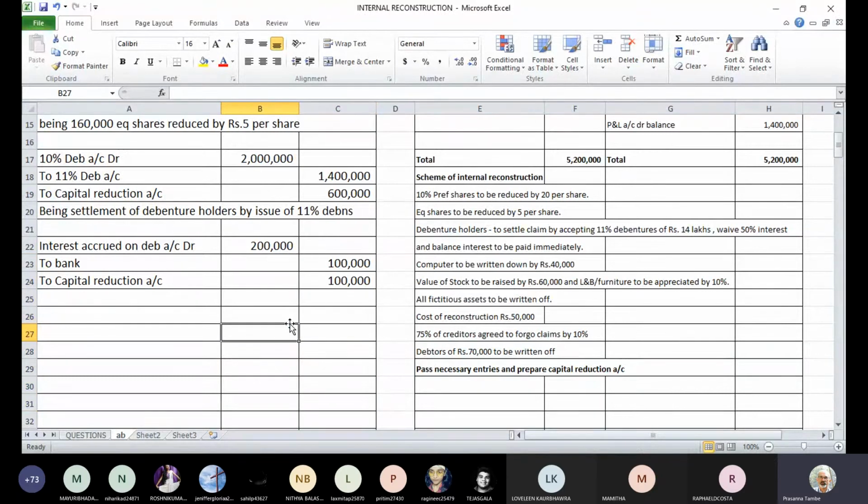Interest accrued on debentures, which was a liability. That account is debited for 2 lakh rupees, to bank account 1 lakh, because we have to make immediate payment of 1 lakh rupees, to capital reduction account 1 lakh rupees. This is a benefit.